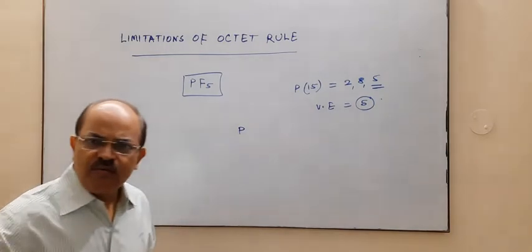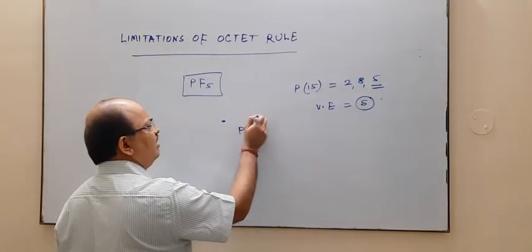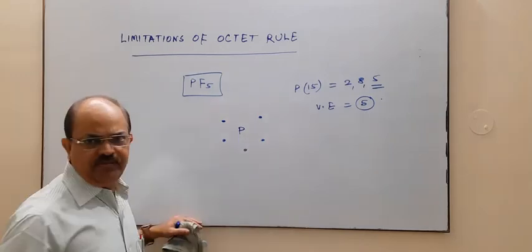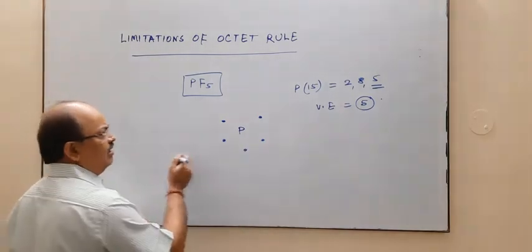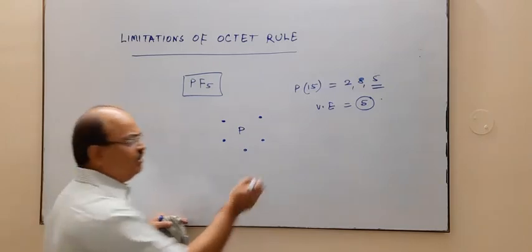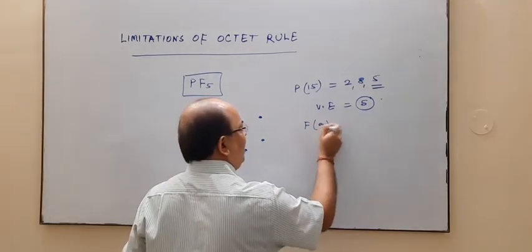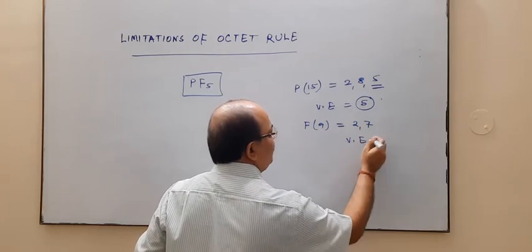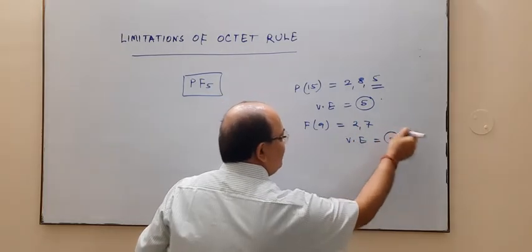Say this is 1, 2, 3, 4 and 5. 5 फ्लोरीन है। फ्लोरीन you know, फ्लोरीन is halogen. Fluorine atomic number 9, so it is 27. So the valence electron is simply 7.